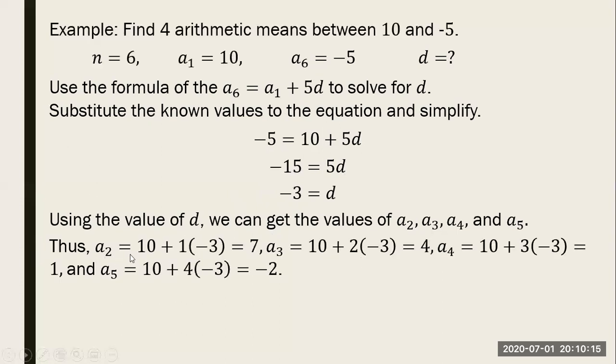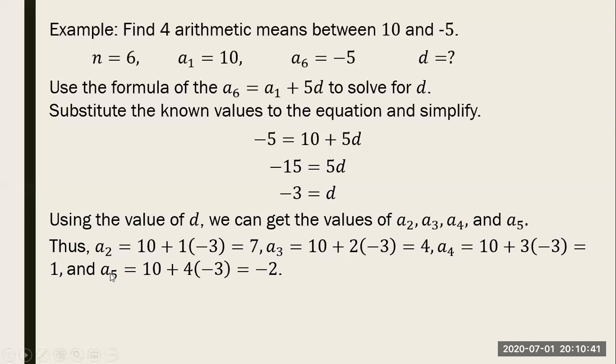So we have a sub 2 is equal to 10 plus, kasi since 2 dito, dapat 1, then the common difference, negative 3, which is equal to 7. So 10 minus 3 is 7. a sub 3 is equal to 10 plus 2 times negative 3. So 3, 2 minus 1. And the common difference. This is the first term. Okay? So the same with the fifth term.